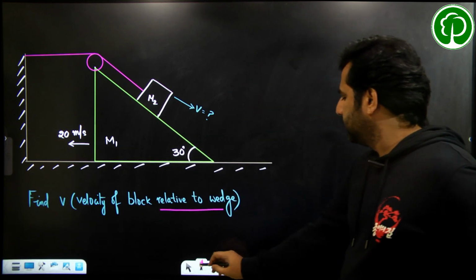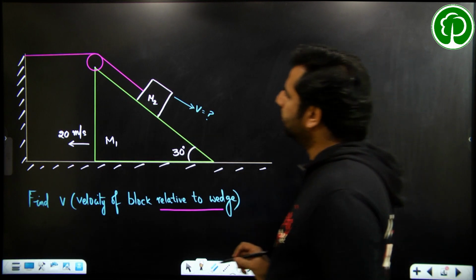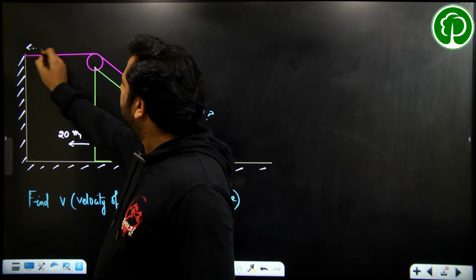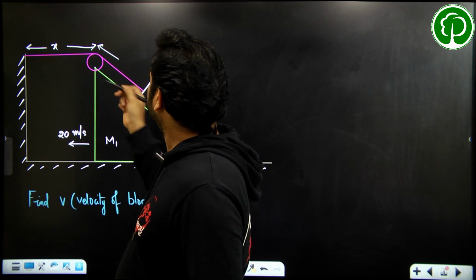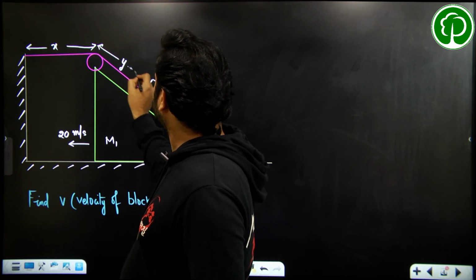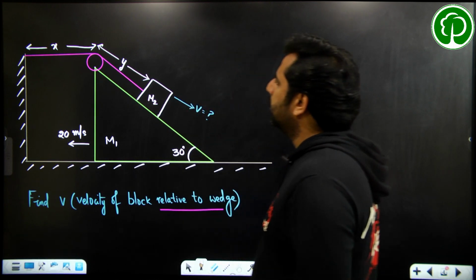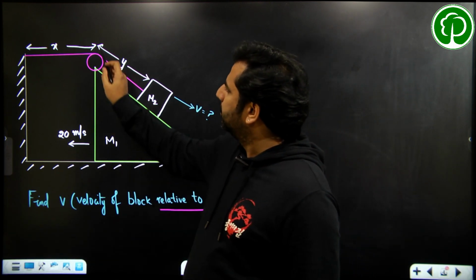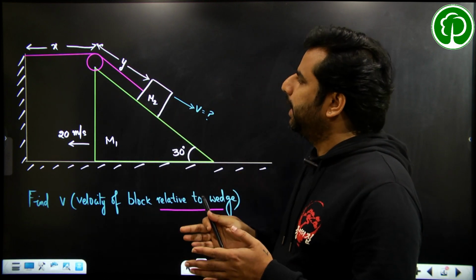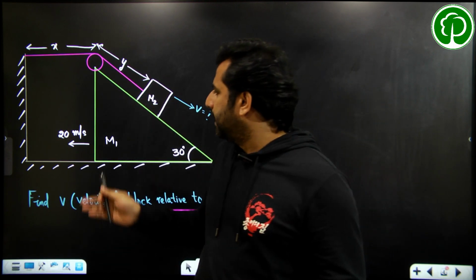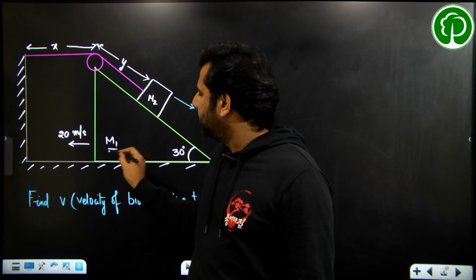So in that case, I can apply a simple constraint equation. I'll take this as x and I'll take this as y. dx by dt, the rate at which x changes with time, is nothing but the velocity of the wedge m1.